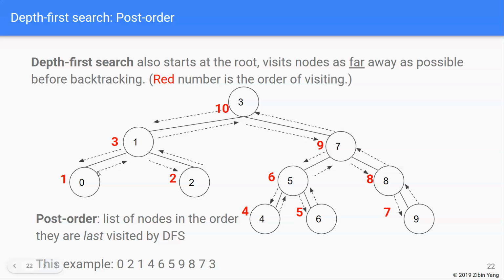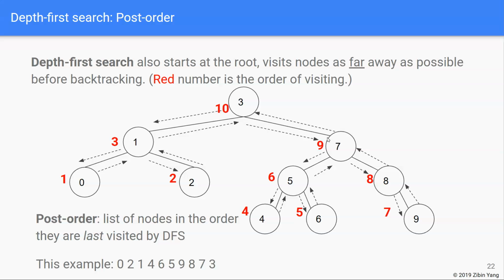So we visit 0 first, and then we visit 2 because after reaching 2, we're no longer coming back to 2, right? And when we go from 2 to 1, this would be the last time we visit 1. So we visit that 1. When we go to 3, we know we will come back to 3 a lot later, right?